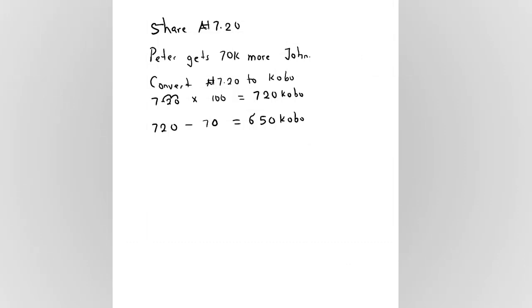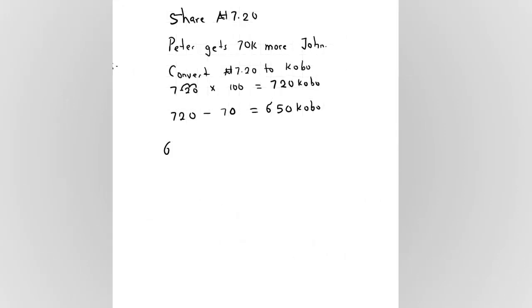Because the money was shared between Peter and John, two persons, you divide 650 into 2 equal parts. So we have 650 all over 2.